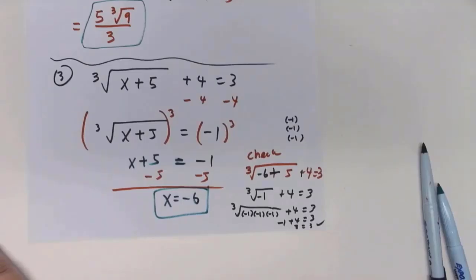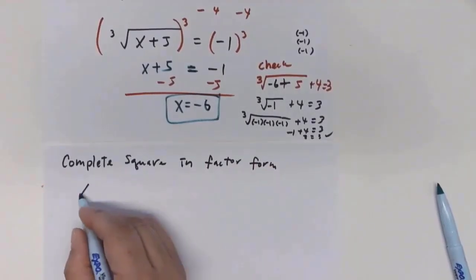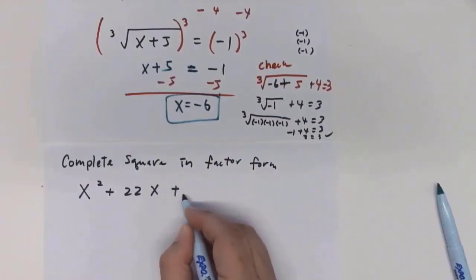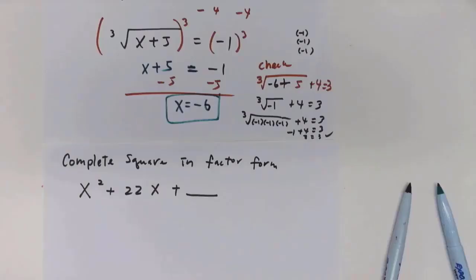Okay, the next part is completing the square, which you guys didn't do as well as I hoped. So let's look at this again. If we have x squared plus 22x plus something, how do I do completing the square? B over 2, perfect square.